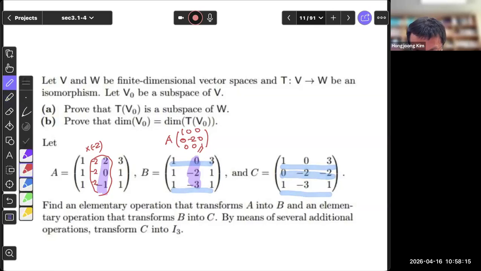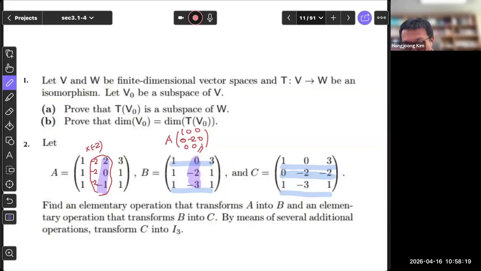You can perform an elementary row operation on the B matrix. So if I multiply -1 to the first row, you get -1, 0, -3. And then if I add that row with the second row, you get 0, -2, and -2. Okay.